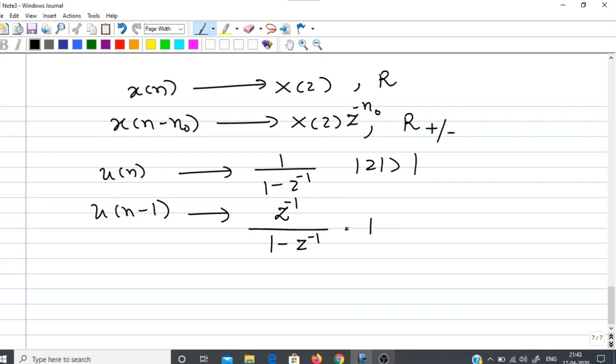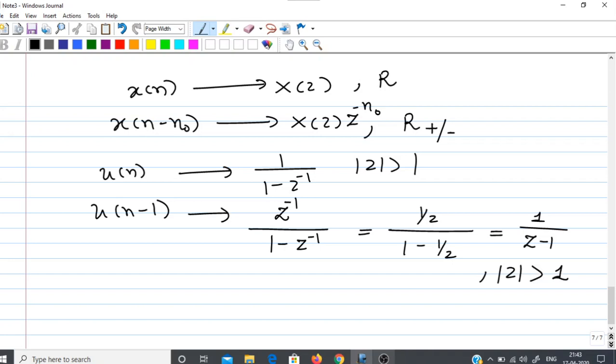And if you simplify this expression, what do you get? You get 1 upon z, over 1 minus 1 upon z. So you get 1 upon z minus 1. And now there won't be any change in the ROC this time; mod z is greater than 1.